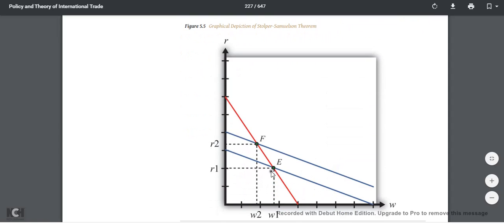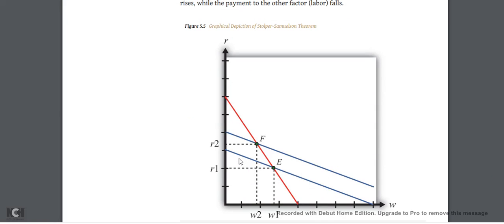Why will the country take up the production of steel more? Because they have capital, they are able to pay the rent to the capital. Since there is availability of capital in that country, it tries to take up the production of steel. So let us see what happens if the country takes up the production of steel.